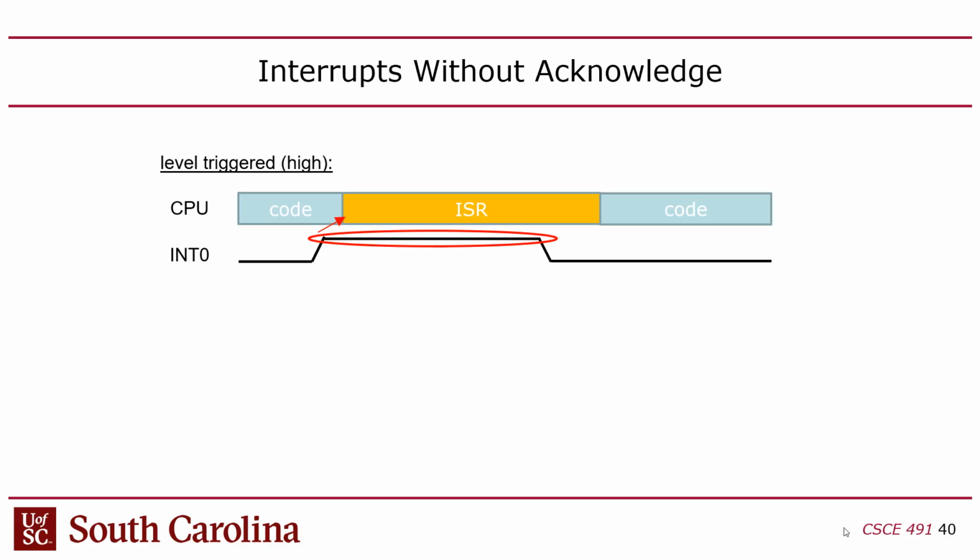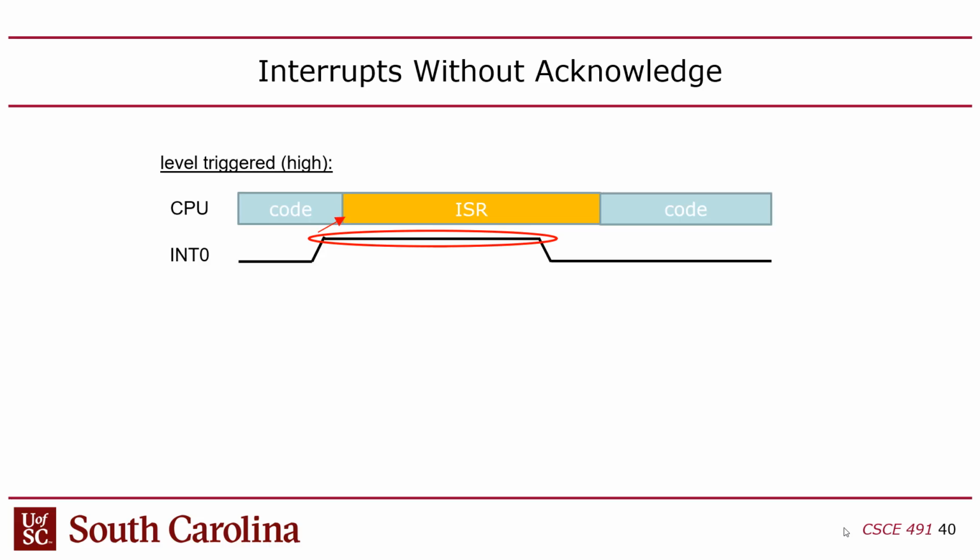The idea is that the CPU is running code. The interrupt is requested. The interrupt is usually just a binary signal, signaled by the peripheral.